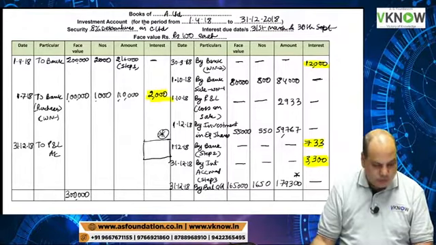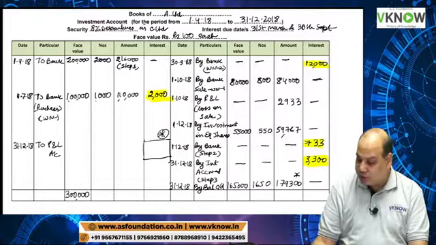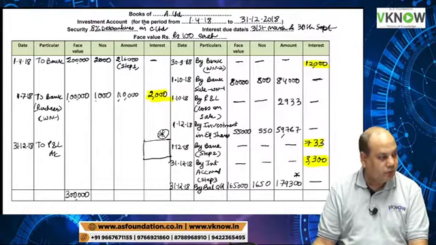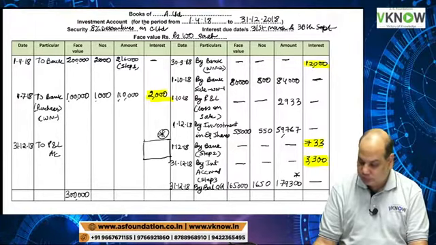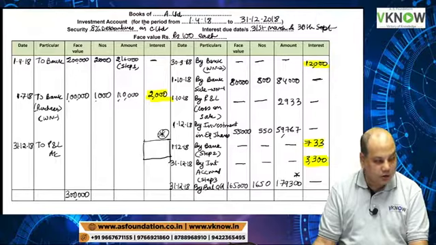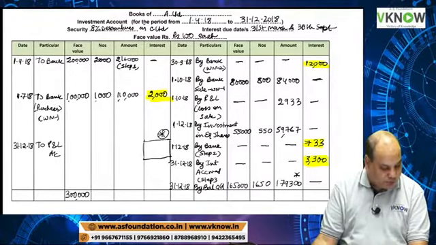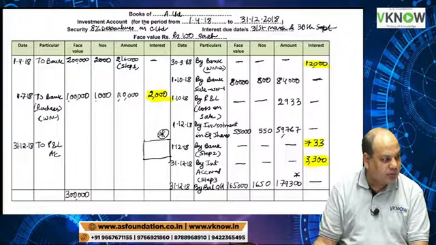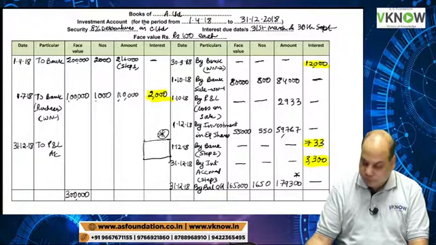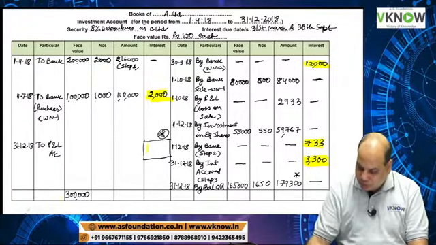How much interest will you transfer to P&L account? Interest 14033. Right, 14033.